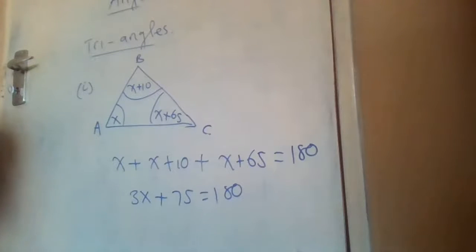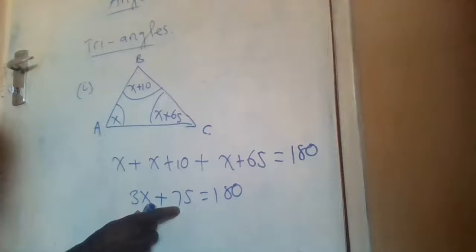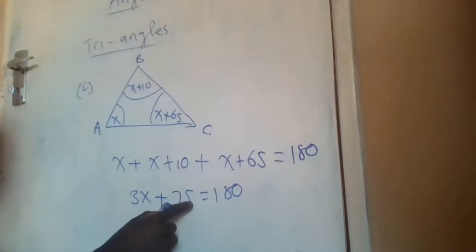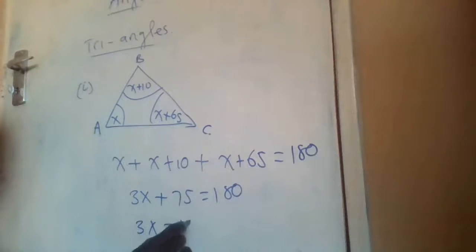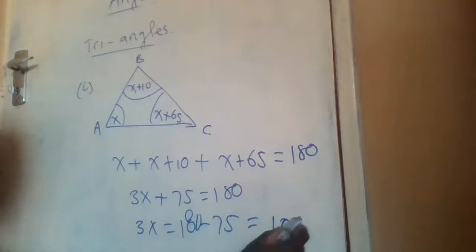Just like we did, these are like terms, you can't add them. The best that we do is taking this one to the other side. So we're going to have 3X is equal to 180 minus 75, and that will give us 105, I perceive.